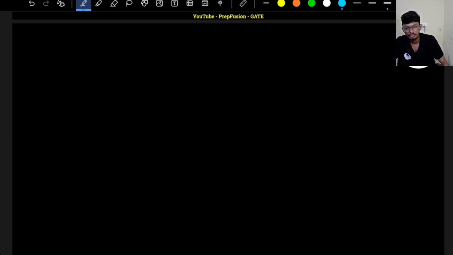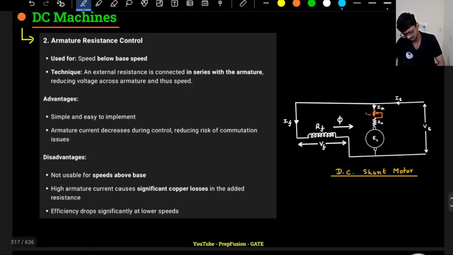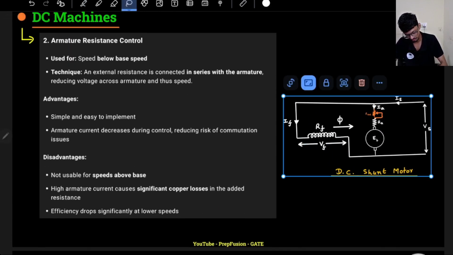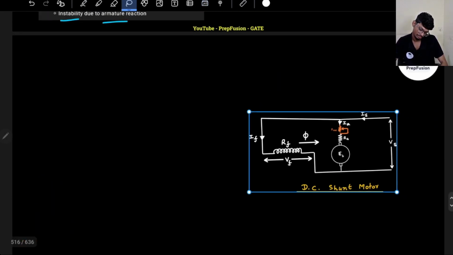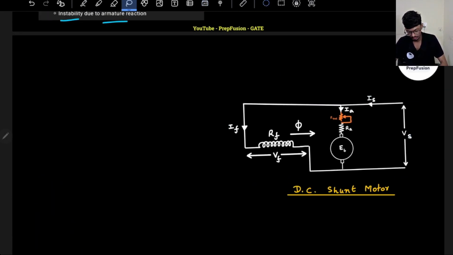Now let's discuss armature resistance control. So this is the circuit for armature resistance. It is the same thing, only that right now I am controlling the current, or the EB.